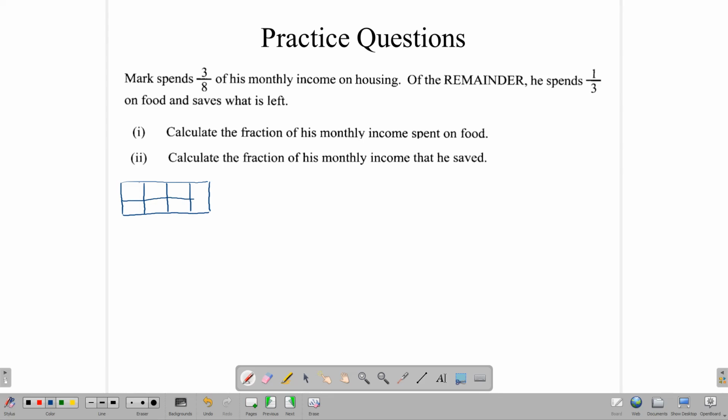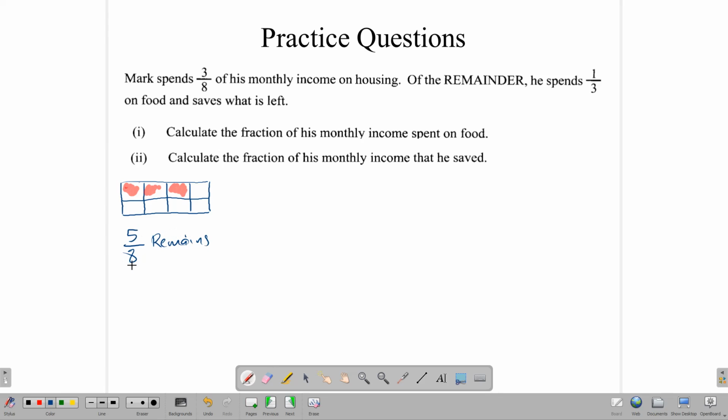If this is representing Mark's income, and he spends 3/8 on housing, then 1, 2, 3, that's for housing. Then the question is, how much of his income remains? If 3/8 is spent, then we notice that 1, 2, 3, 4, 5 eighths remains.